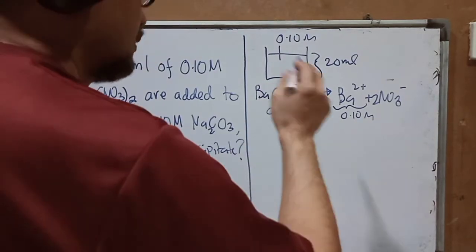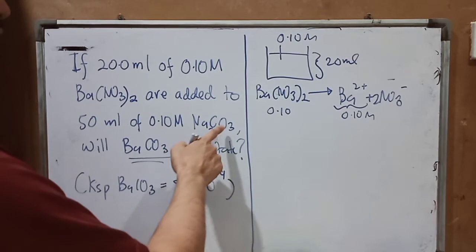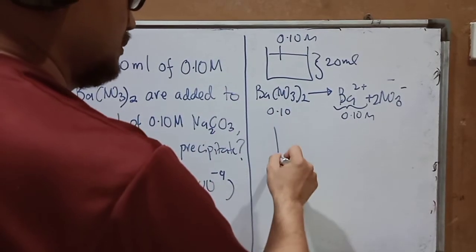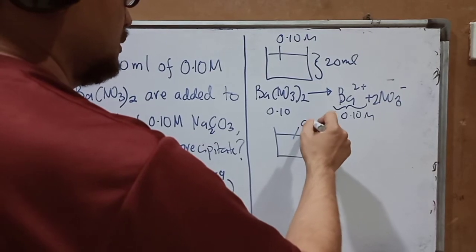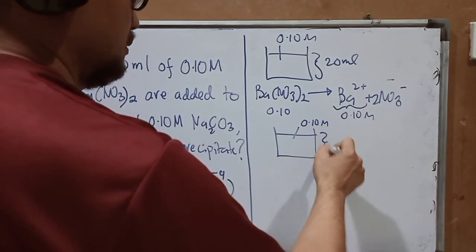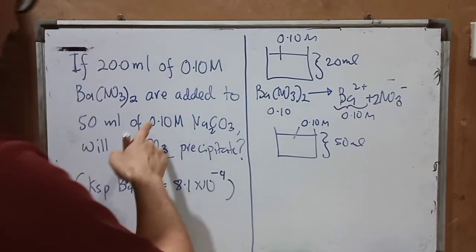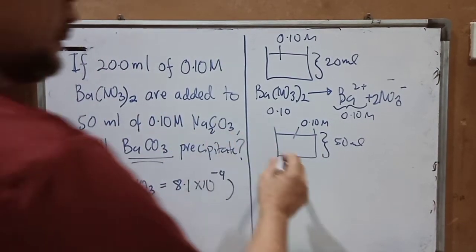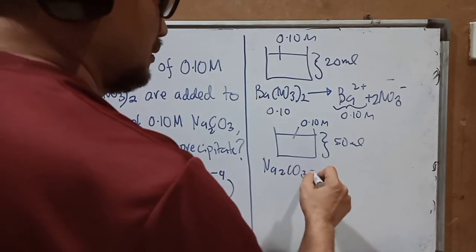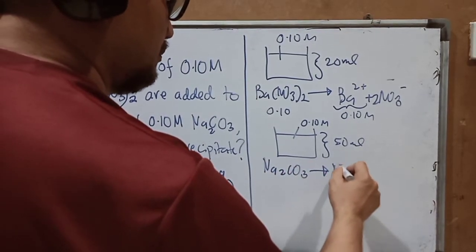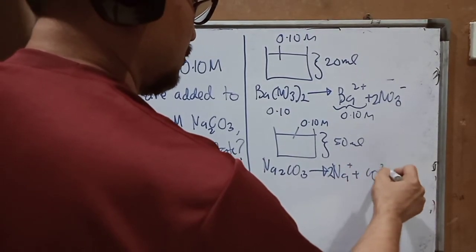Alright, and then this one, 50 ml of 0.1 molar sodium carbonate. The concentration is also 0.1 molar, and the volume is 50 ml. And here, sodium carbonate, Na2CO3, will dissociate to form 2Na+ and CO3 2-.